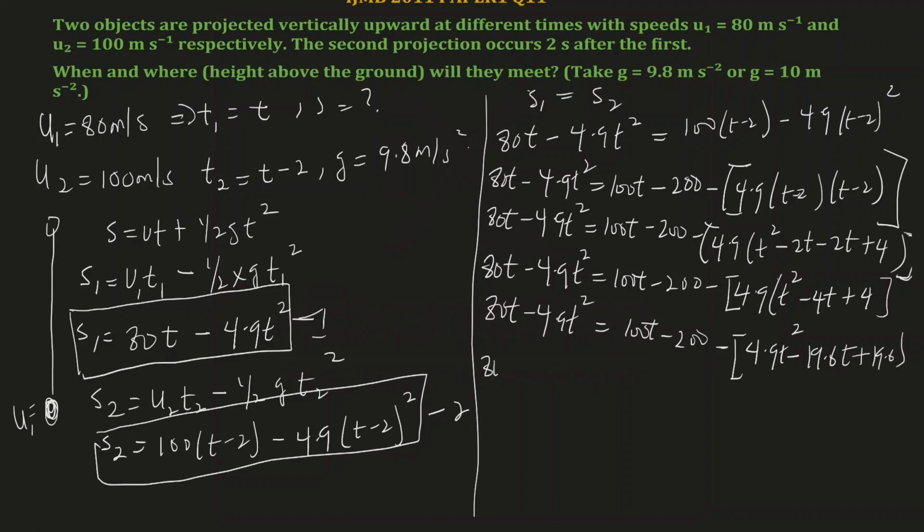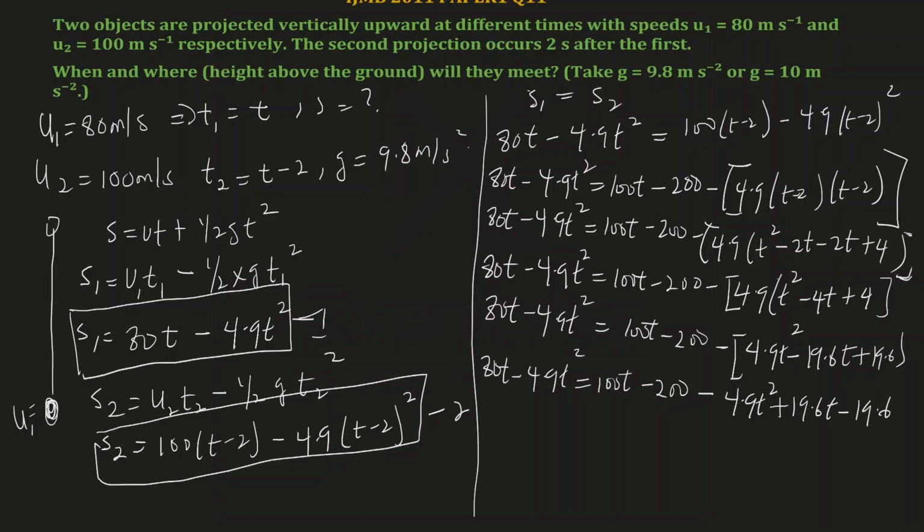Going forward, we have 80t minus 4.9t squared equals 100t minus 200. Negative times 4.9t squared is minus 4.9t squared. Negative times minus 19.6t is plus 19.6t. Negative times plus 19.6 is minus 19.6.